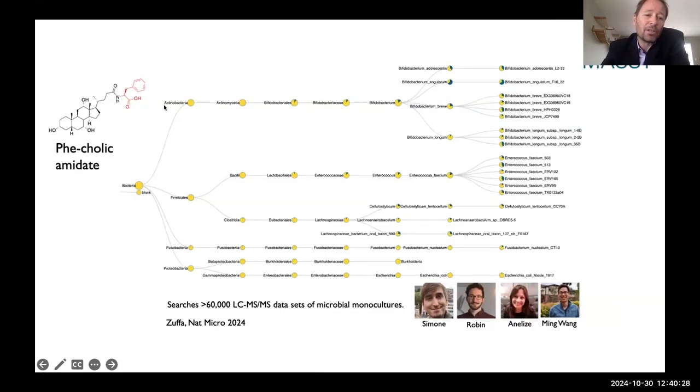When you search with this particular MS/MS, now you get this taxonomic tree out of it of where it's been detected. So in bifidobacteria and Enterococcus and some other organisms. And so this is a pretty powerful strategy of data reuse that allows you to then interpret at least microbial metabolites.